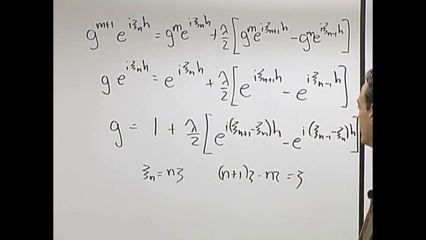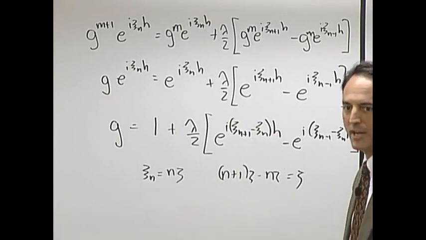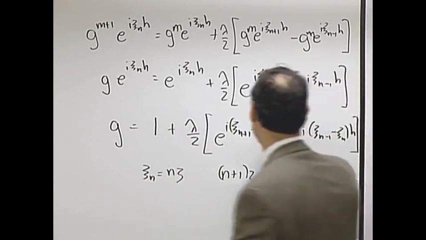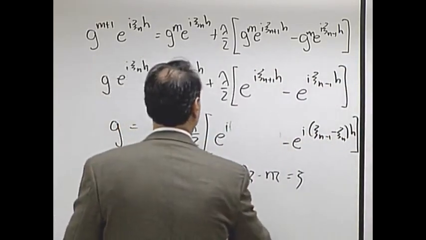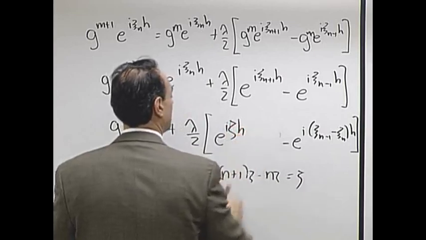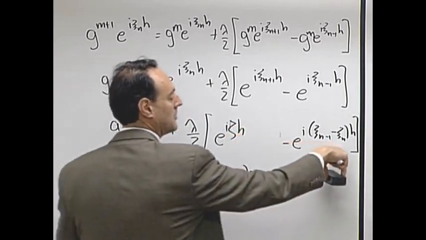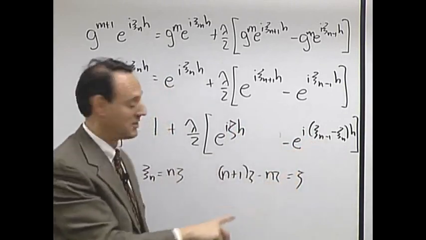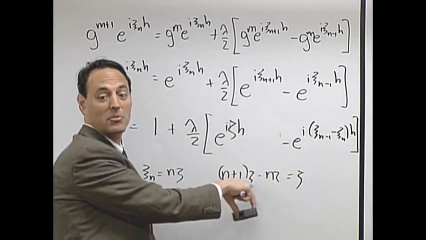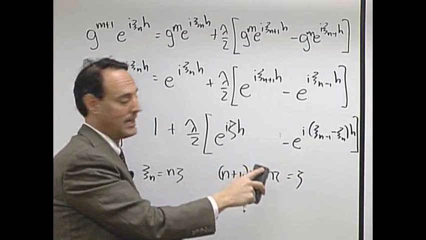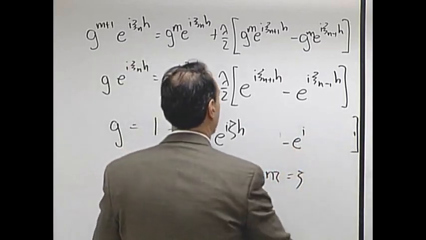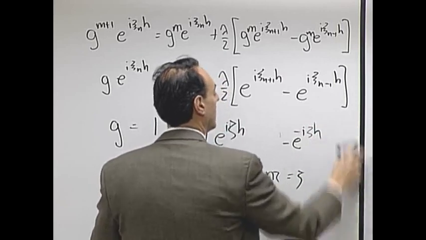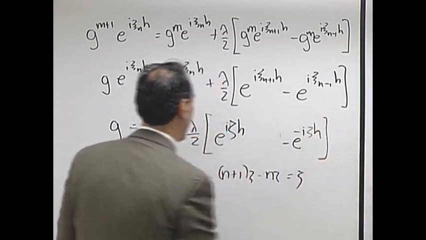Okay? Ready? You sure? Okay. So that means this becomes zeta h, and that becomes, this is minus 1 over here, so it's n minus 1, so you get left with minus zeta h. And all of a sudden you have flashbacks.